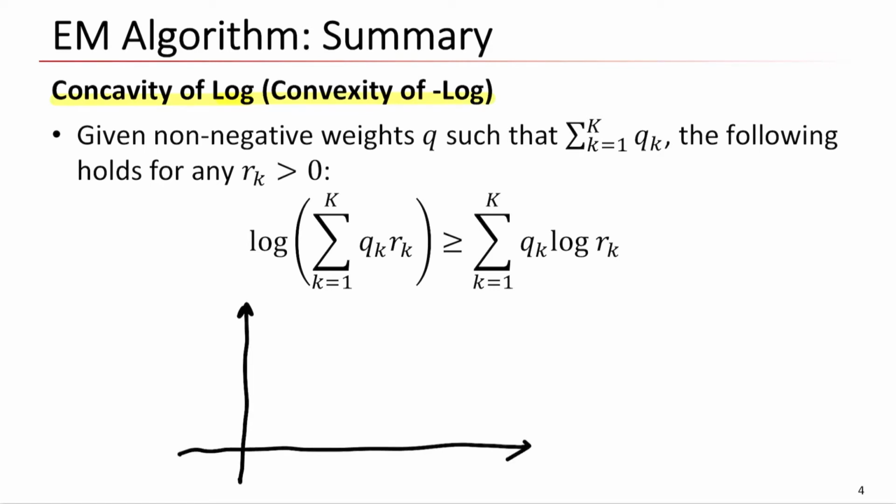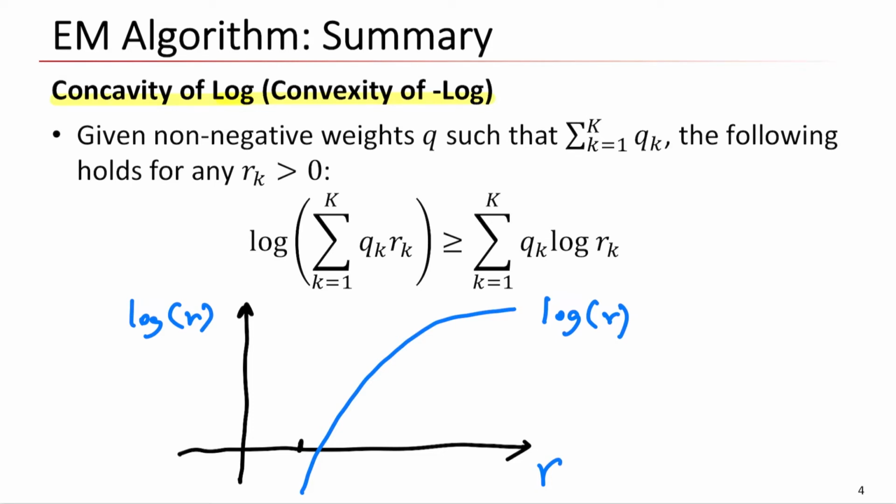First of all, what is the shape of the log function? Something like this, right? When we say this is log R, the x-axis means just R, and the y-axis means log R right here, like this, right?